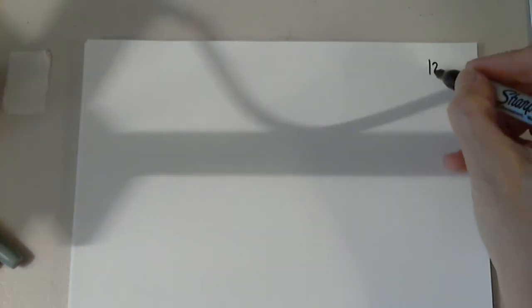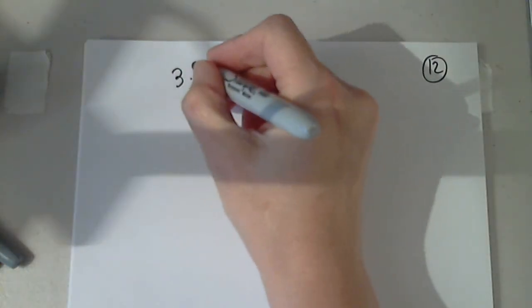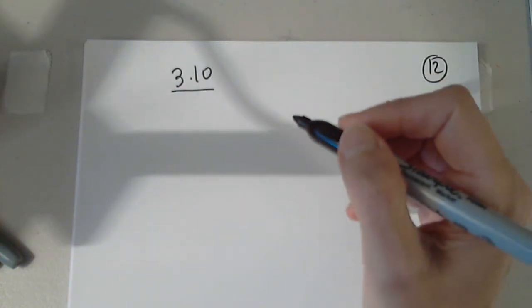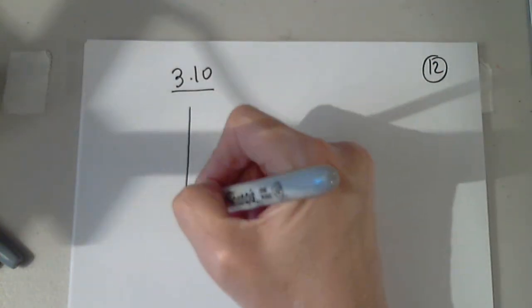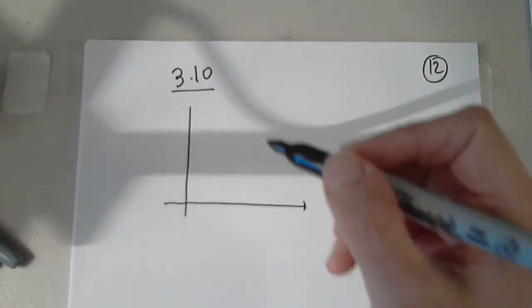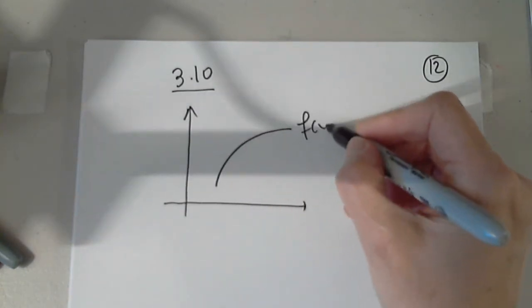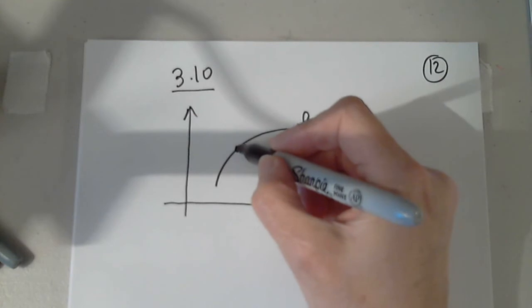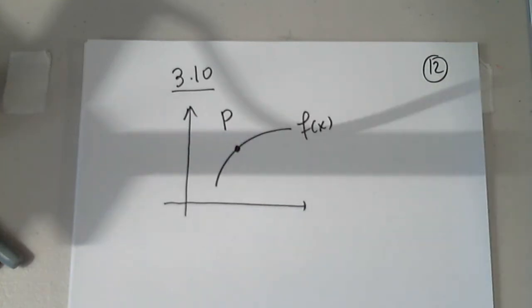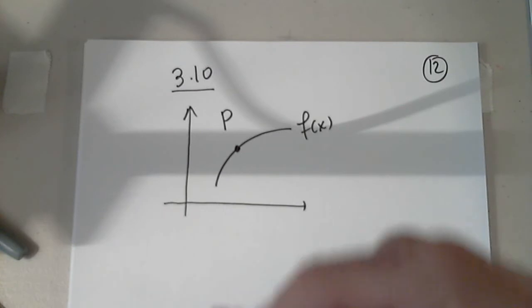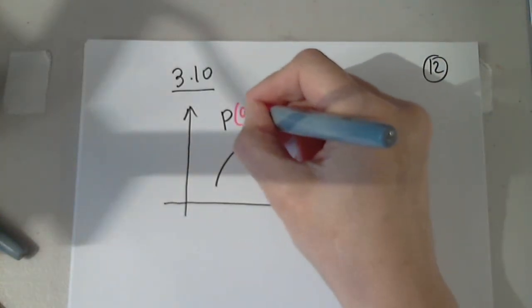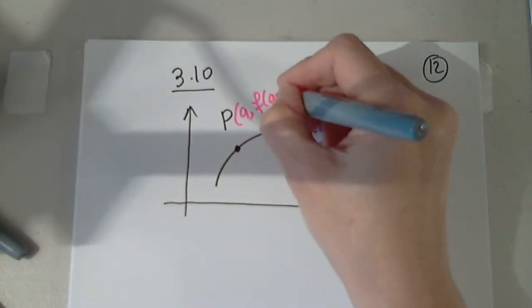Okay, last item of chapter 3. Back to 3.10. I know I've been torturing you with this for a long time. Bear with me. Here's f of x. Yes, our best friend, point P, of course. And the coordinates are a, f of a.